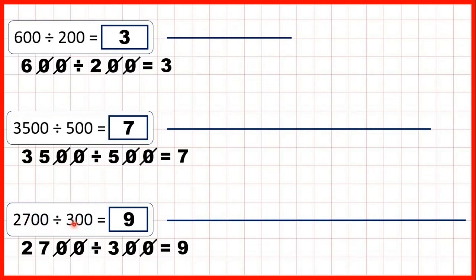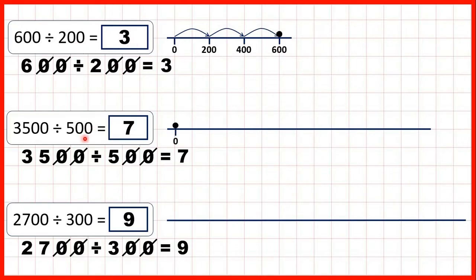And this makes sense if we remember that one way to divide is to count up in steps of the divisor until we reach the dividend. So if we count in steps of 200, we have 200, 400, and then the third multiple of 200 is 600. So because we made 3 jumps, we know that 600 divided by 200 is 3.